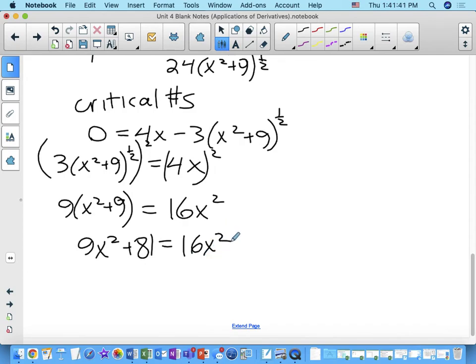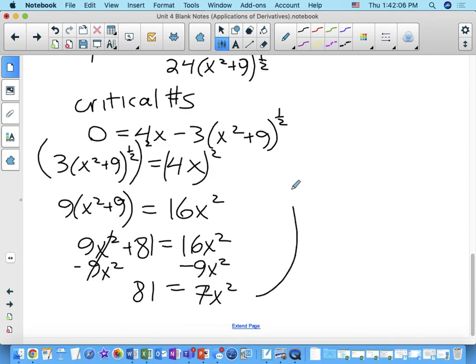And if I subtract 9x squared from both sides, I get, what is that, 7x squared? Okay, so to get x squared isolated, I'll just divide by 7.